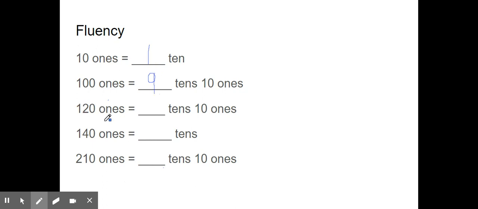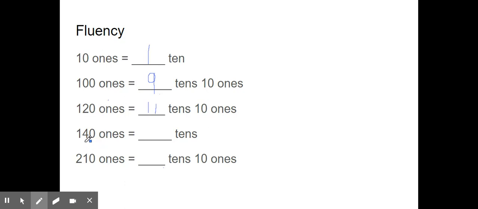120 ones equals blank tens and 10 ones. This is just like the last one. 120 ones is the same as 120. If I have 10 ones, how many tens am I still going to need? I am still going to need 11 tens. 11 tens is the same as 110. 140 ones equals blank tens.